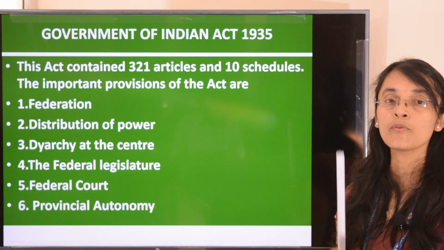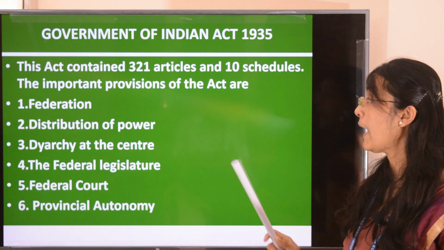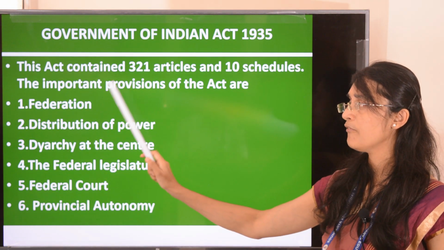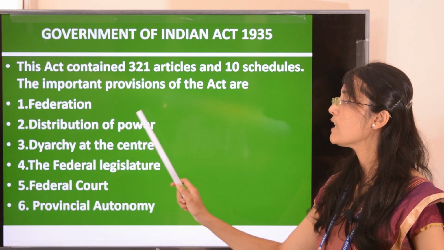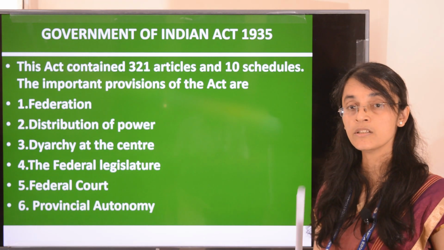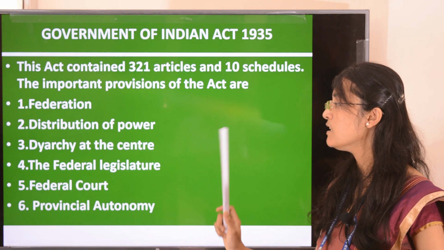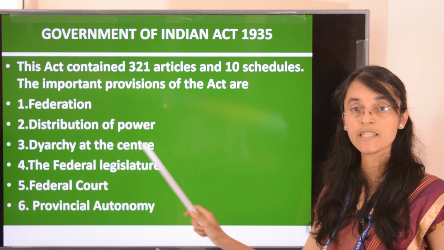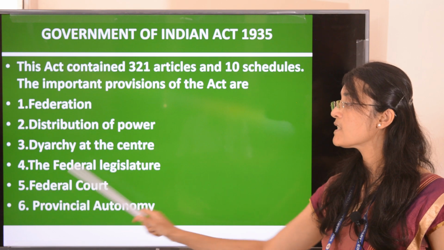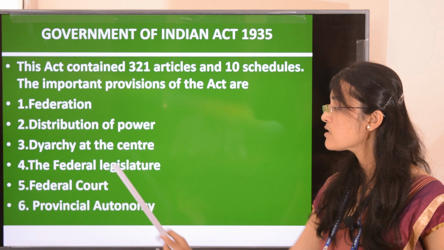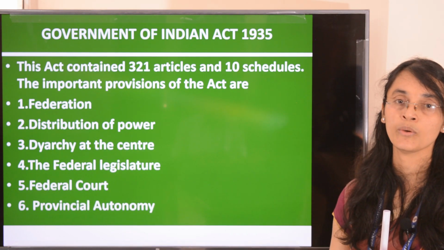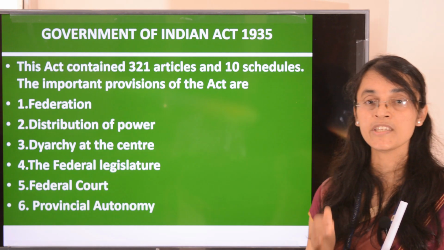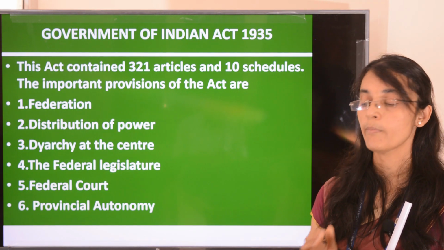The main provisions of the 1935 Act are: first, federation; second, distribution of power; third, diarchy at the center; fourth, federal legislature; fifth, federal court; and last, provincial autonomy. Let us study the features of these provisions one by one.